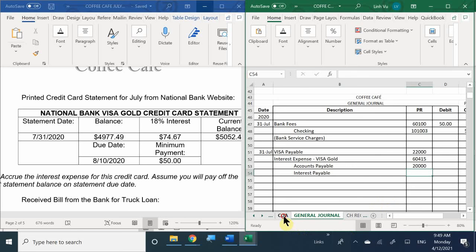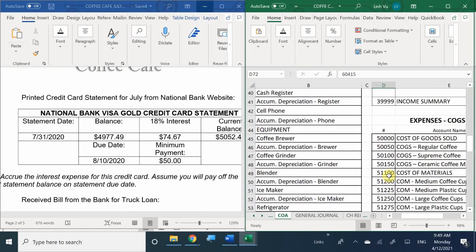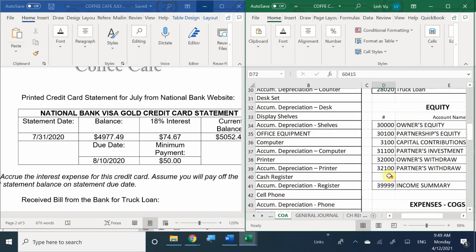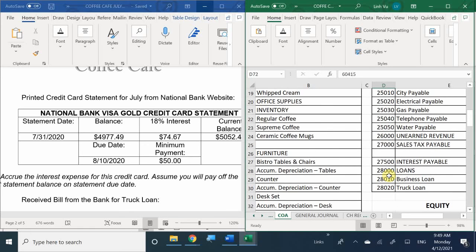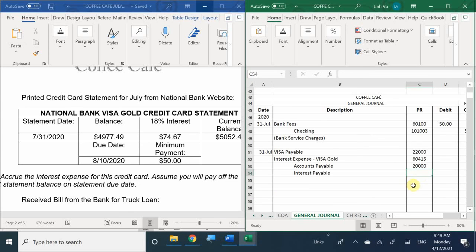What account number is my interest payable for? 27500. Okay? So now how much is my amount that I owe for my Visa credit card? 49.77.49. Good.